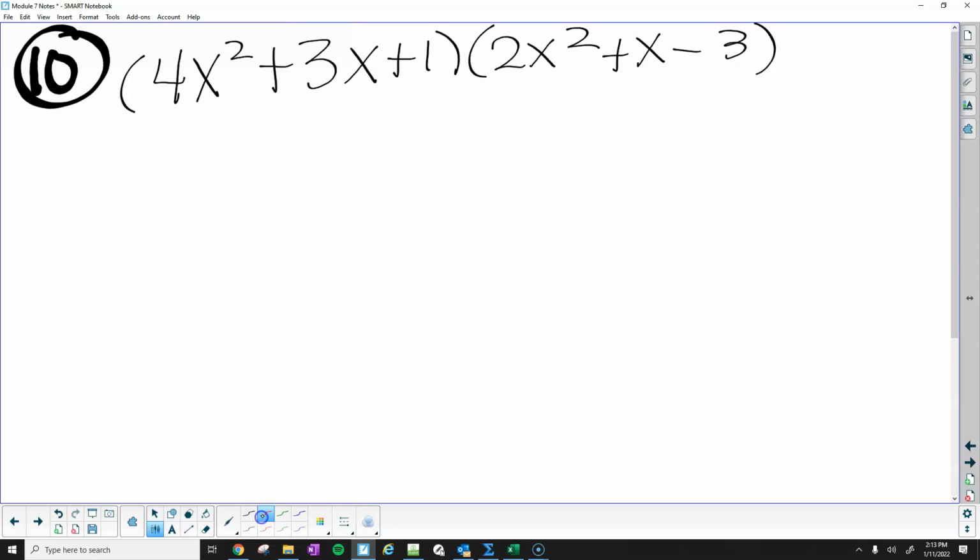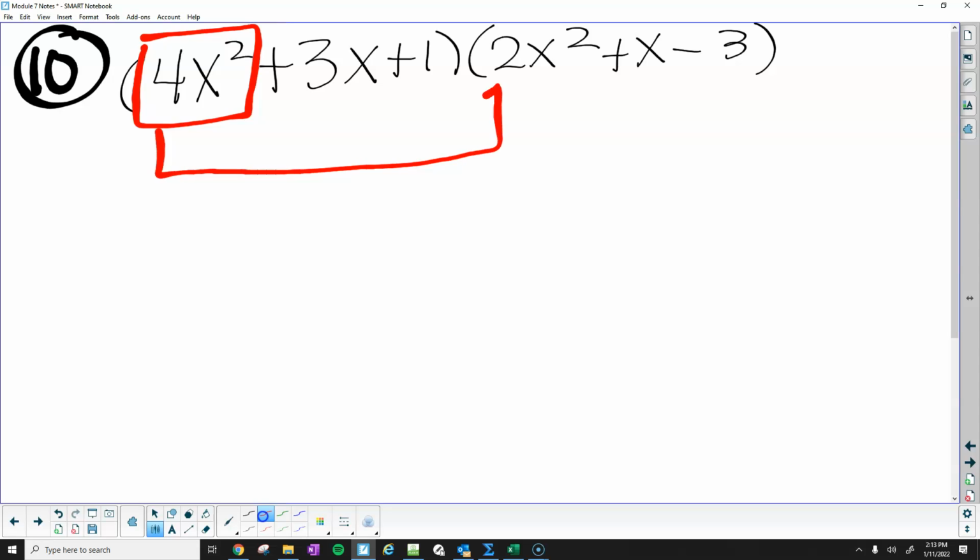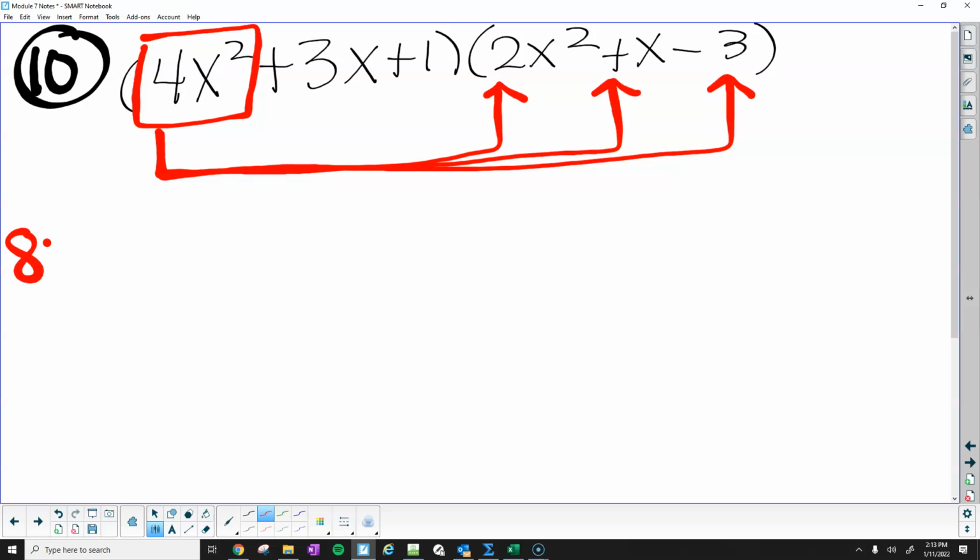All right, so we're going to take this right here. And we are going to distribute it 3 times. And we're going to write it on the next line. So when you guys start multiplying, go all the way over to the far left because it's going to go all the way across the page. So a 4x squared times a 2x squared is 8x to, I don't know, add the exponents.